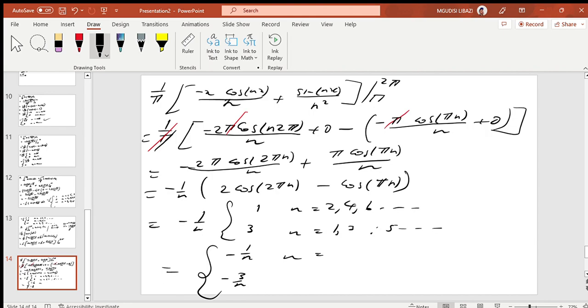When n is equal to even numbers, we get negative 1 over n, and when n is equal to odd numbers, we get negative 3 over n. So that is how it is done.